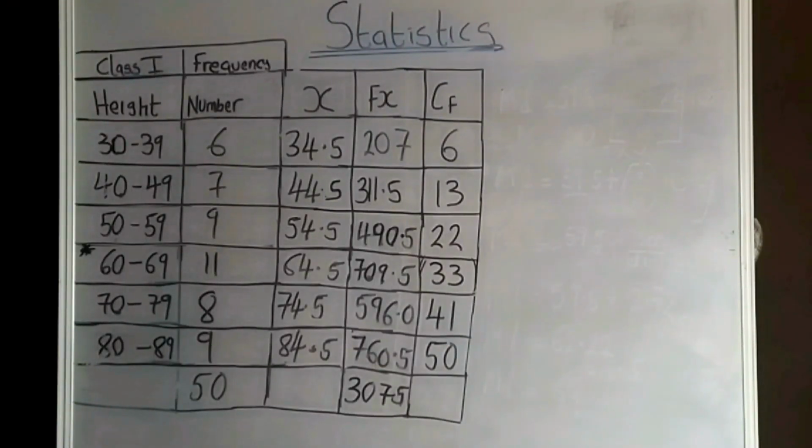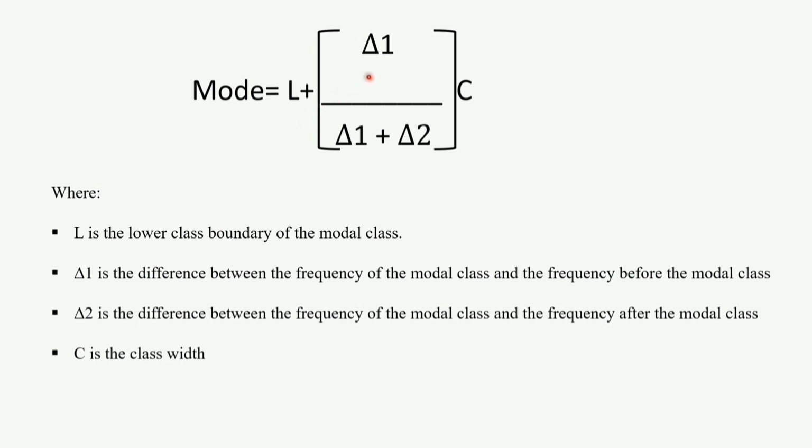Now let us proceed to calculate the mode. Don't forget that the mode is given by this formula: L plus, into bracket, delta 1 all over delta 1 plus delta 2, closing bracket, C, where L is the lower class boundary of the modal class and delta 1 is the difference between the frequency of the modal class and the frequency before the modal class.